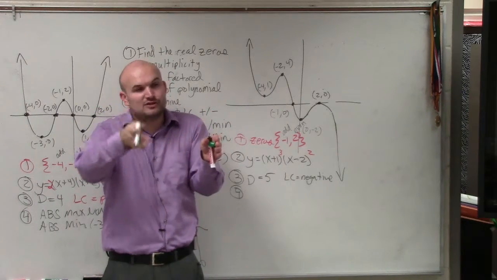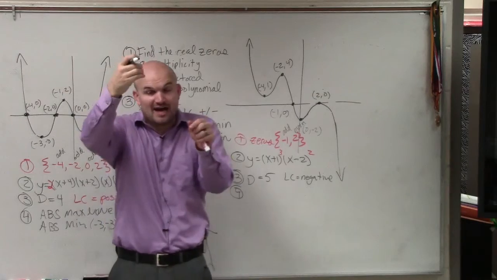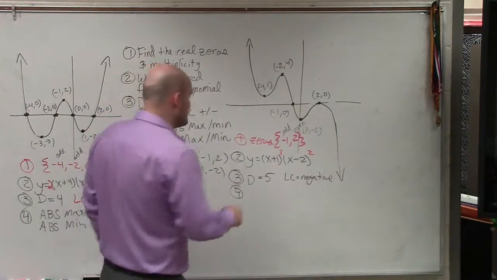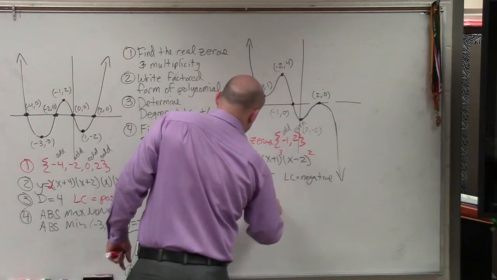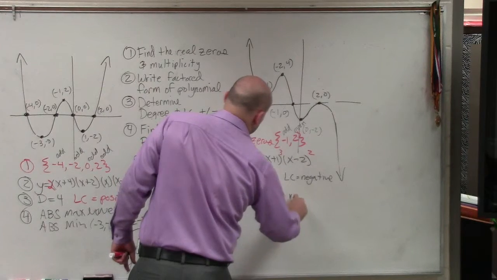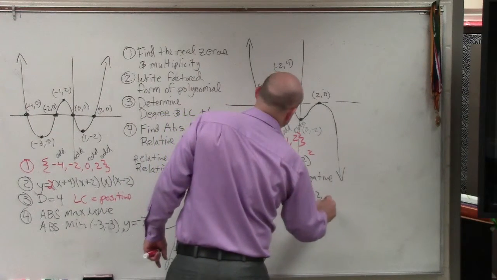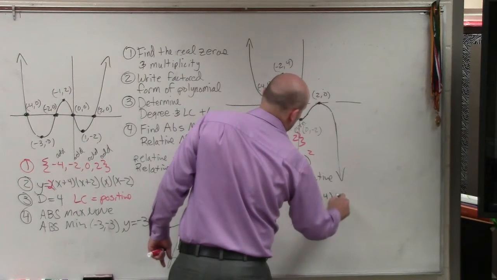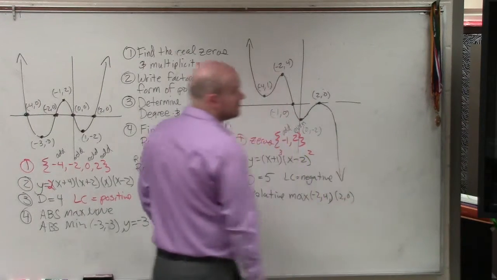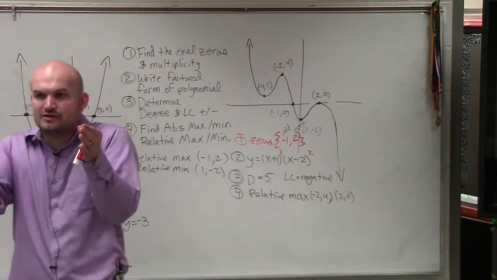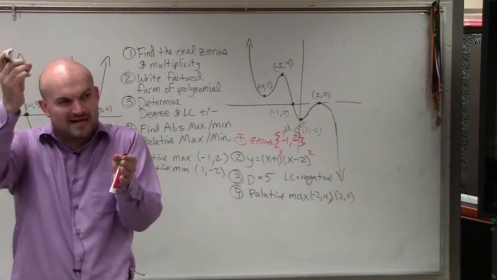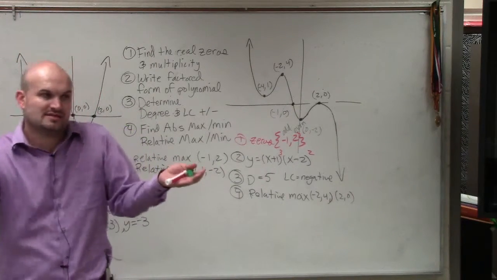So anytime you have a turning point that gives you a maximum value, that's called a relative max. So you have 2 relative maximums. Relative max is going to be -2, 4, and 2, 0. So anytime you have an interval where there's a maximum point, that's called a relative max.